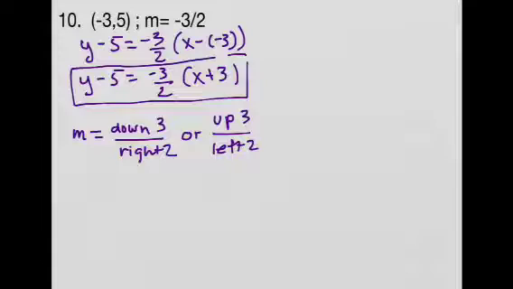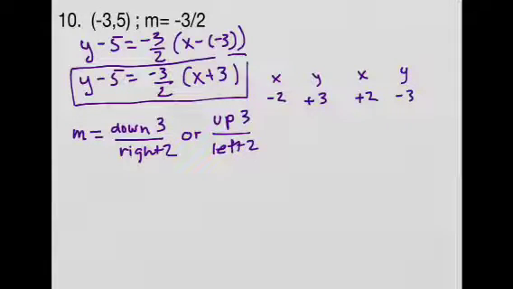So we're either going to do plus 3 on the y, and then minus 2 on the x. This is the x and the y. Or we're going to do plus 2 on the x, if we do this right here, and then on the y we're going to subtract 3.